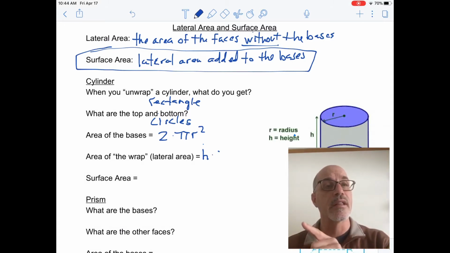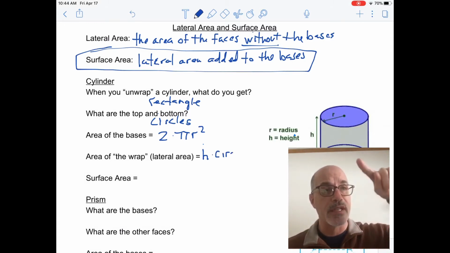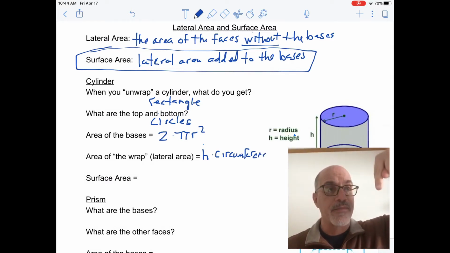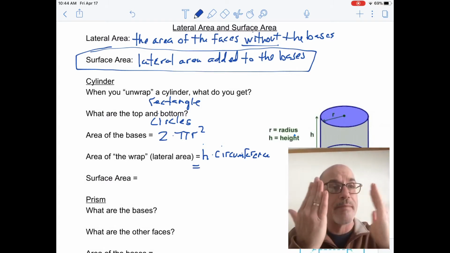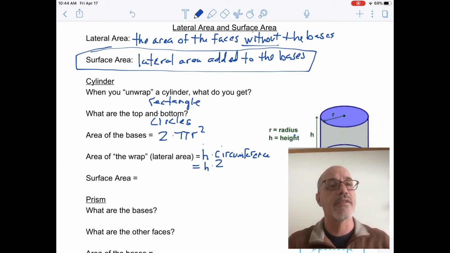Whereas the lateral area is the height of the cylinder times the circumference of the soup can or the cylinder, because that's what happens when you unwrap that label, you get the circumference. And circumference is 2 pi r, or we could list that as pi times diameter also. That's another way to list it.